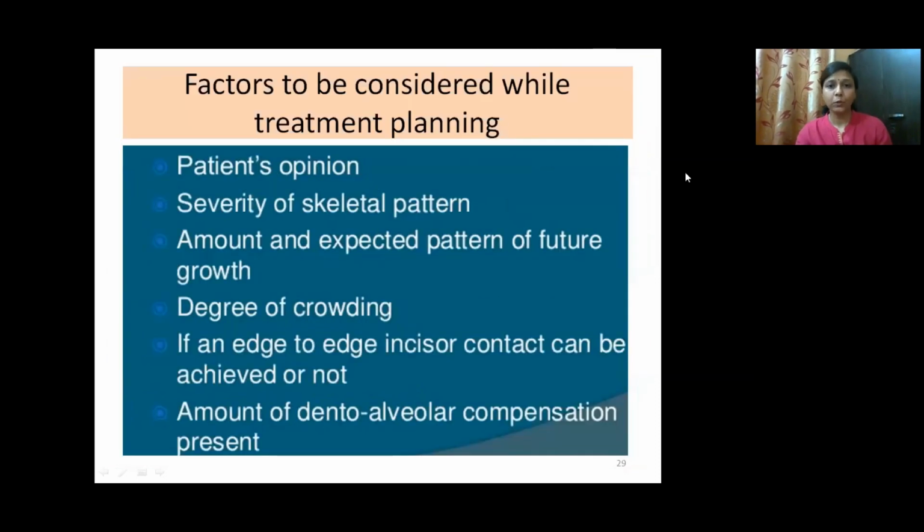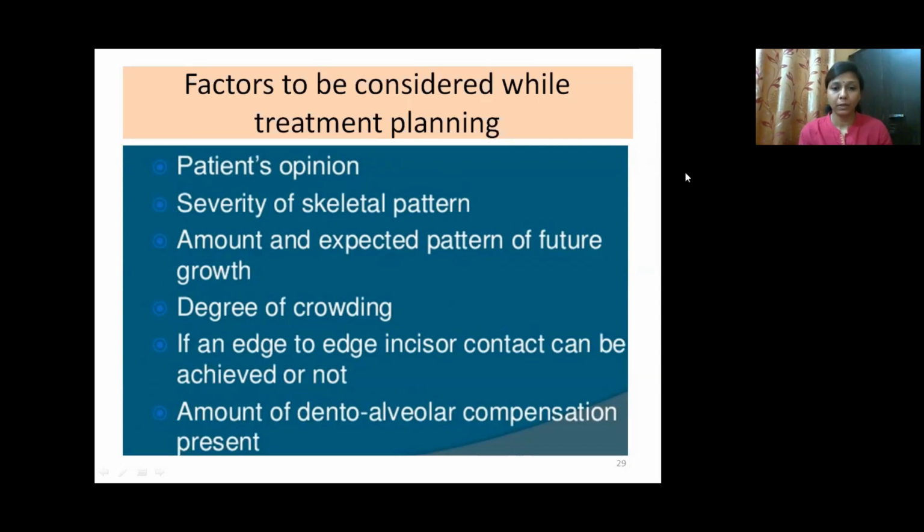So what factors are to be considered while we plan the treatment? According to our diagnosis and the problem list, the factors will be the patient's opinion, which is a must, the severity of the skeletal pattern, and the amount and expected pattern of future growth. By expected pattern of future growth, I mean whether it's a vertical growth pattern or a horizontal growth pattern, and what amount is remaining or how much is completed.